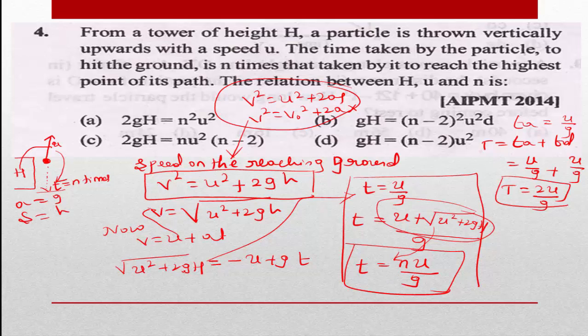Or here, at the highest point, 2gh is equal to, when you solve this equation by series, we get the answer 2gh is equal to n into n minus 2 into u square. Therefore, the option here is 2gh is equal to n into n minus 2 into u square.